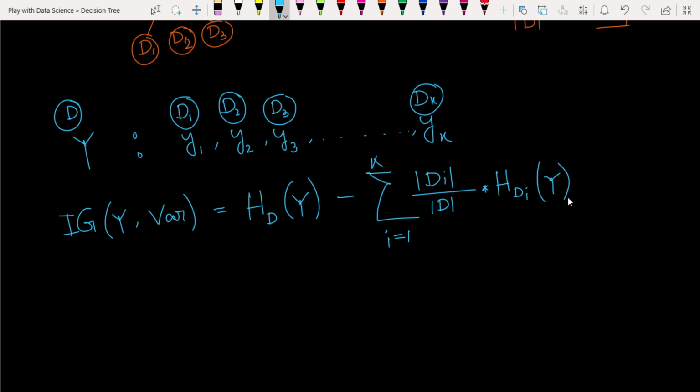Okay, I think you have understood this. This is the general formula of the information gain.